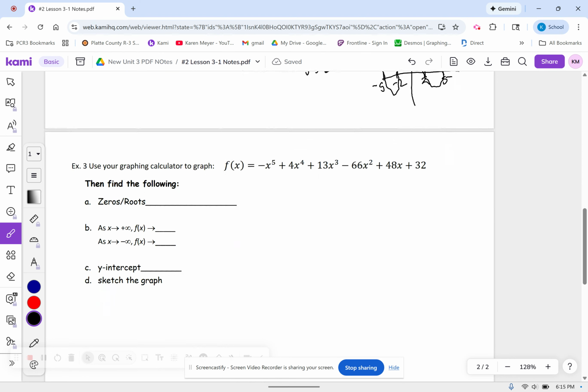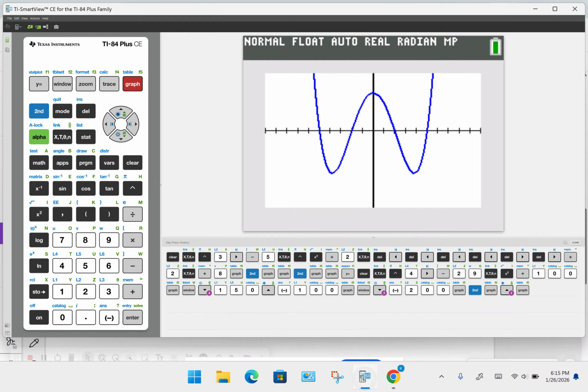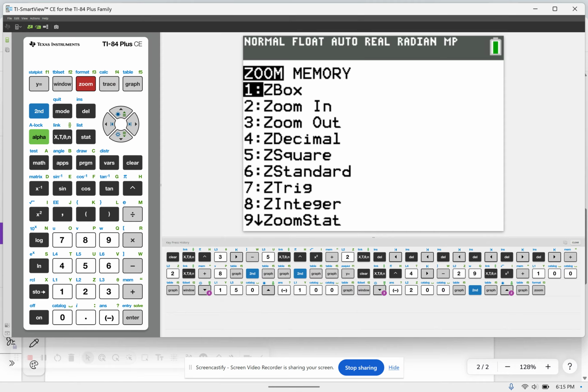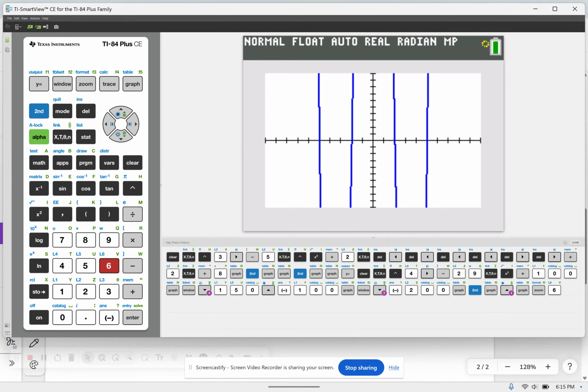Now, when you are done with this problem on your calculator, and let's say you want to go back to the normal window, you go to the zoom button here in the middle, and number 6 where it says Z Standard. So if you just type 6, then that will put you back at the normal window.